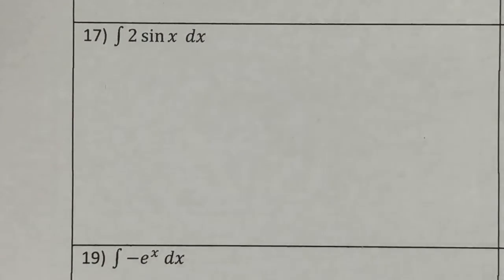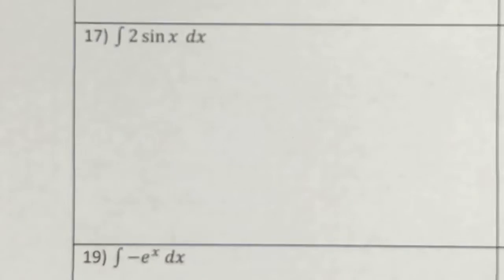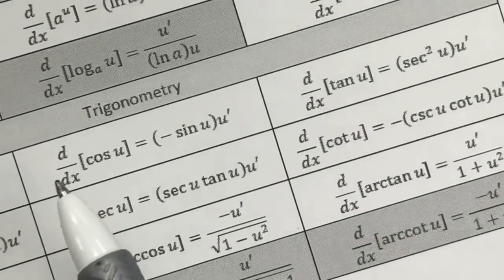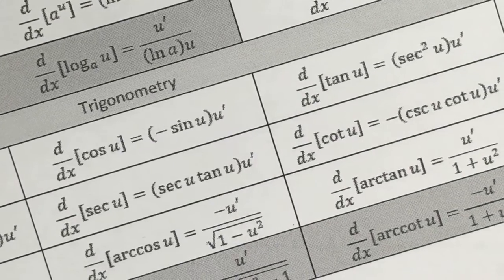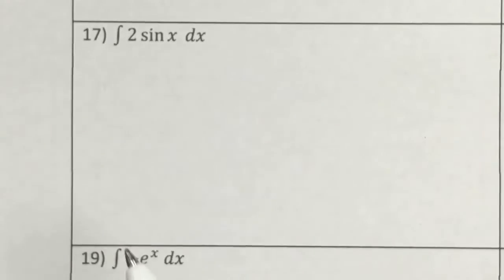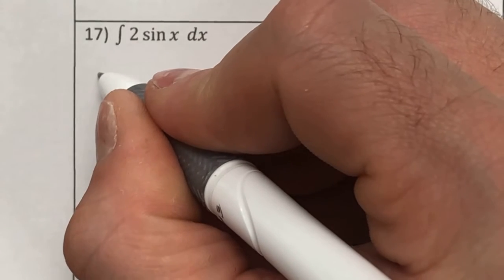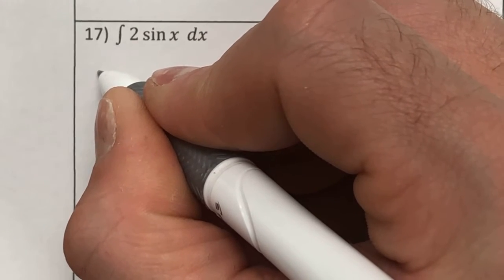If I look at number 17, I have 2 sine of x. Again, we know from our list of derivatives that the cosine produces a derivative of negative sine. So what we're seeing here is I need to make this into a negative sine. So I'm going to pull out not just a 2, I'm going to pull out a negative 2.